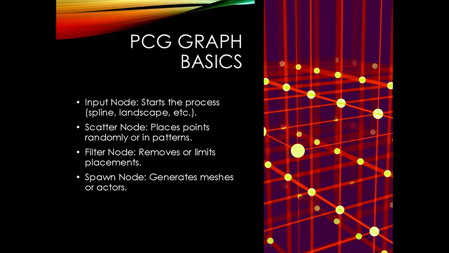You can also add rules for rotation, scale, or random offsets. PCG Graphs are modular. You can chain several scatter, filter, spawn processes to create more complex structures. A PCG graph is just a flow of inputs, points, rules, results.